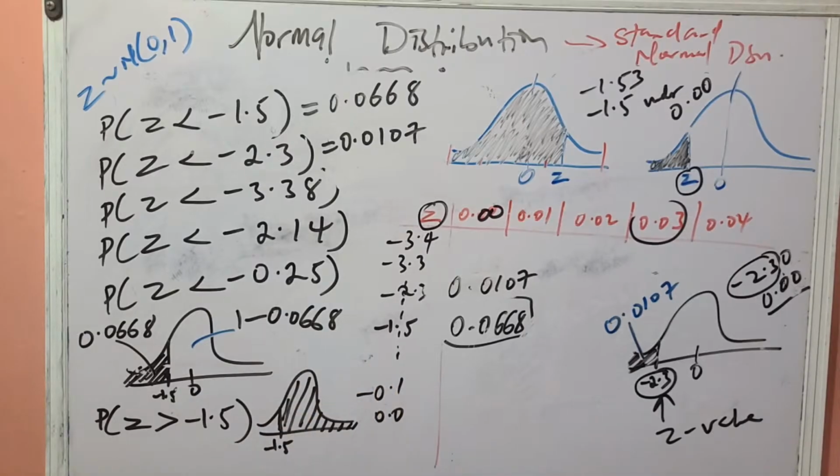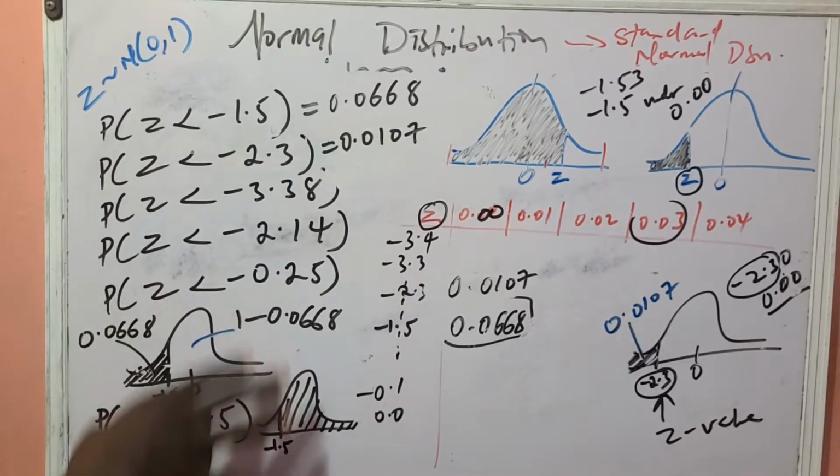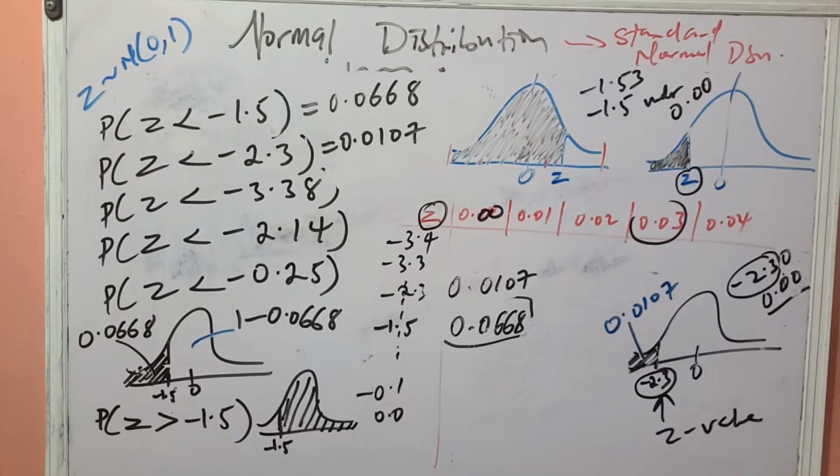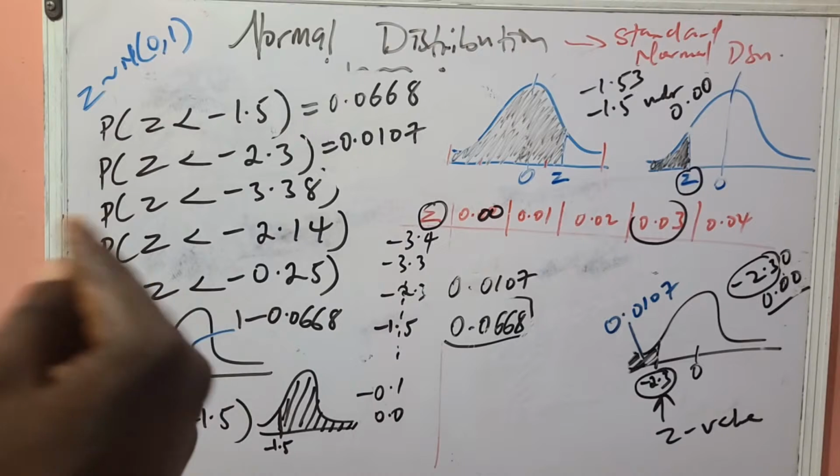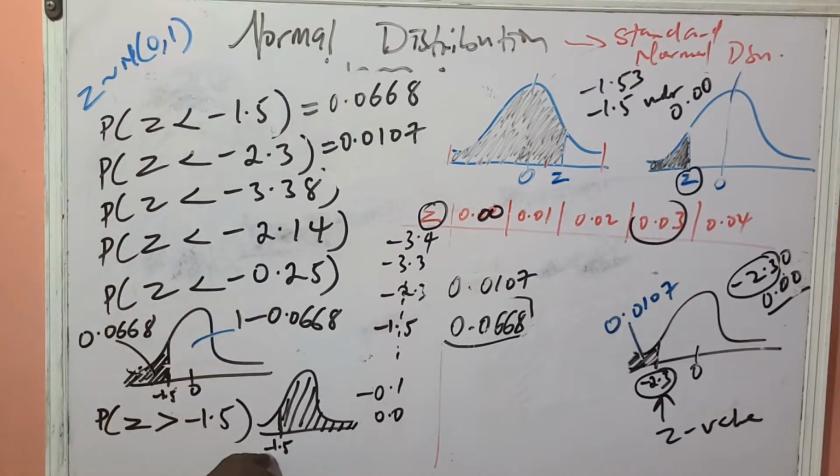So obviously, what you do in a case like this, when you're having greater than, that's why I've taught you how to draw the diagram, where you notice the place you are shading represents right to left. And you know you cannot read this directly from any table. So the value you will get for minus 1.5 in your table will be representing this other place.